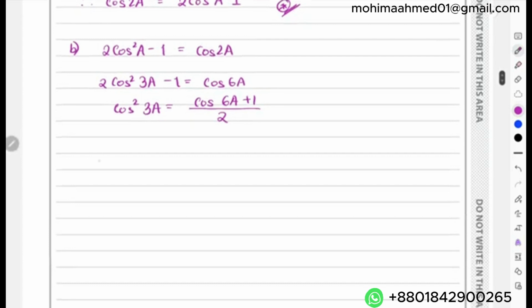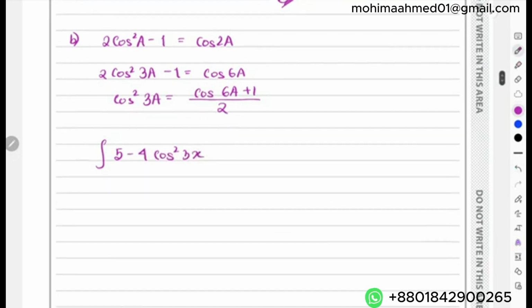So we'll start with the integration. 5 minus 4 cos square 3x, I think it was x, with a boundary of pi by 8 and pi by 12.